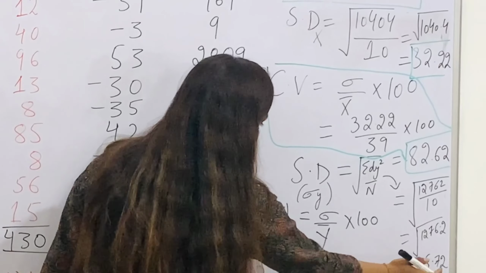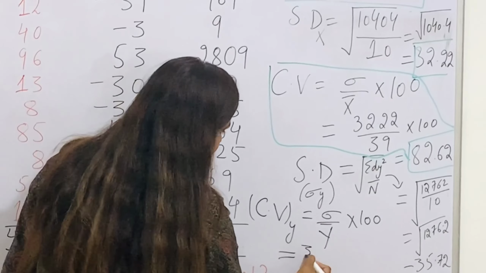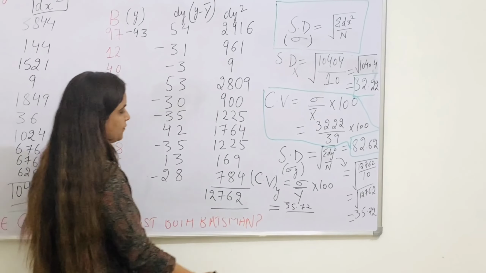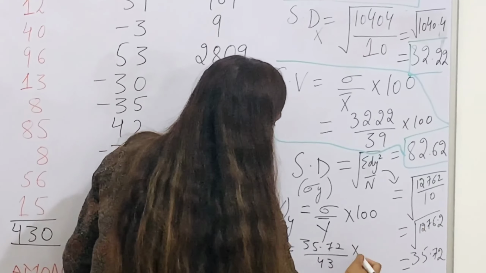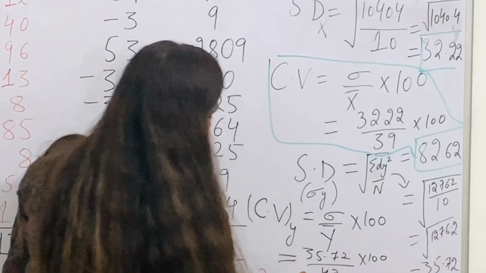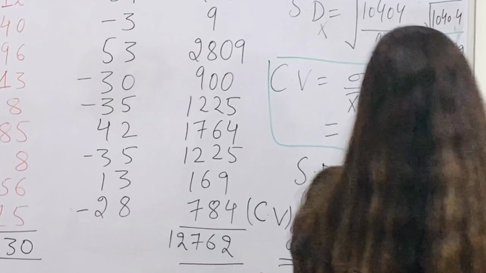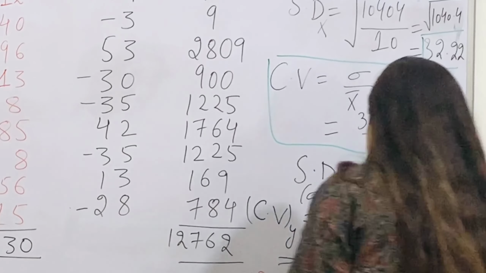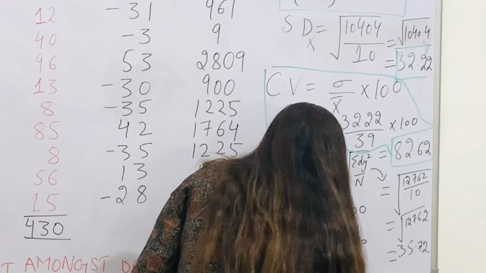Sigma we have calculated recently, which is 35.72. Y bar we have done in the previous calculation, which is 43, into 100. So the answer for coefficient of variation for batsman B is 83.07.